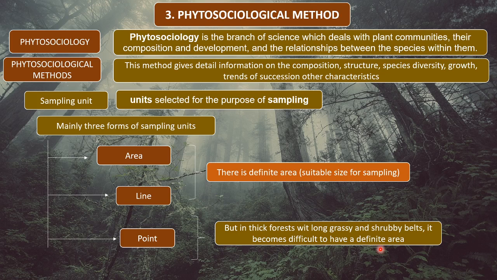Right, this is very obvious that when we move into a forest, the forest is very big, very thick, and it becomes very difficult for us to get a definite area of the forest. So we cannot move all along the forest and keep on performing size sampling. So in such cases we have to use the point as the sampling unit. You will understand these sampling units more in the next slide.